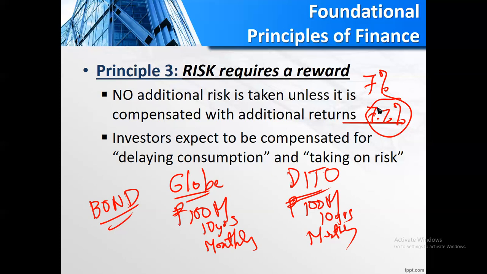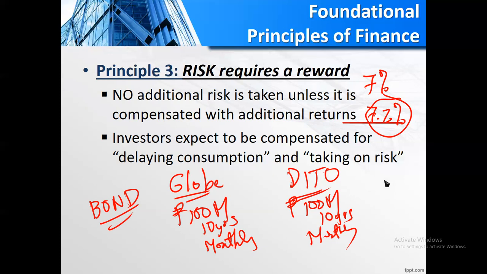Otherwise, guys, if pareho lang silang 7%, then DITO might find it difficult to borrow money. Kasi pareho silang, both of them need 100 million payable in 10 years, monthly yung payment na interest. And yet, we know that Globe is less risky relative to DITO.